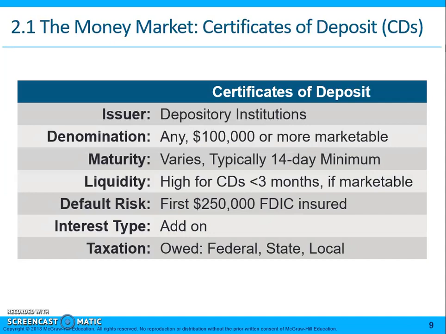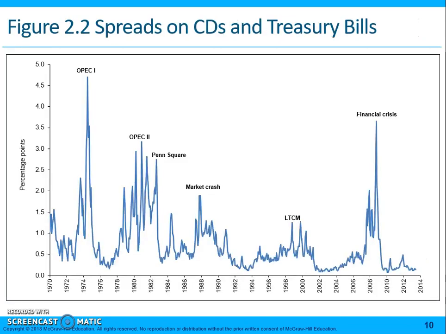They are taxable at every level: federal, state, and local. Figure 2.2 shows the spreads between CDs and treasury bills. As is the case with many other securities, the spreads widen out when there are financial difficulties.